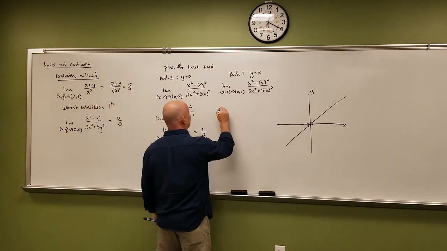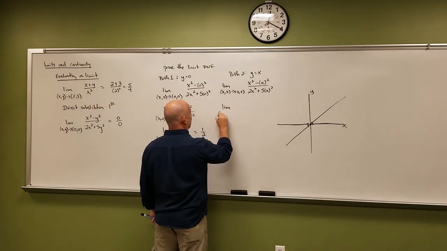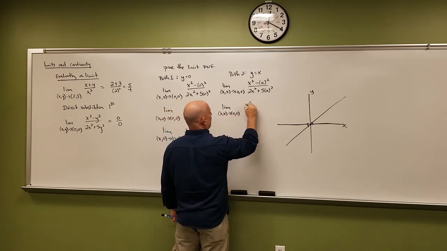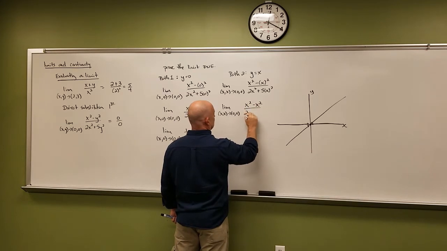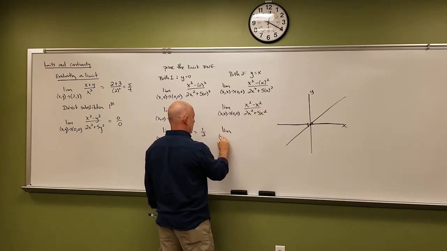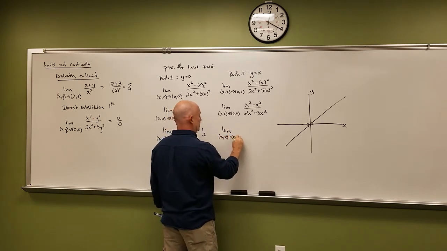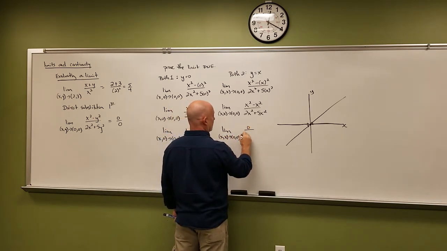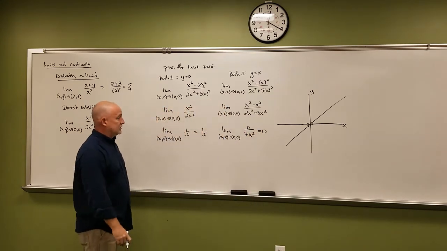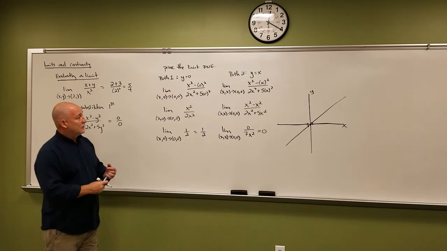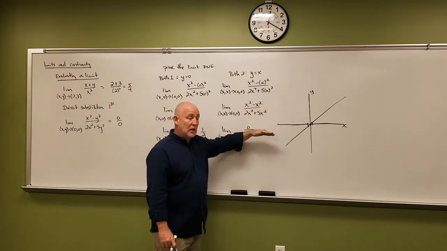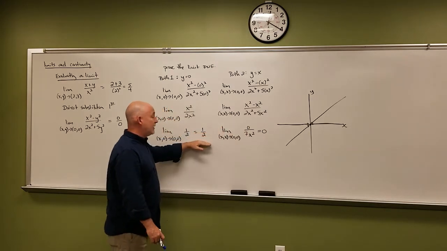Well, what happens here? It's x squared minus x squared over 2x squared plus 5x squared, or 0 over 7x squared, which is 0. That's just going to give us a constant, which is 0. So notice, as we approach the function along the line y equals 0, or the x-axis, it's heading towards a value of 1/2.